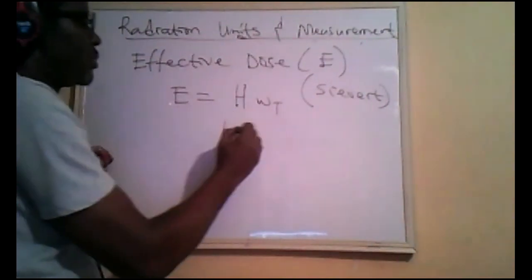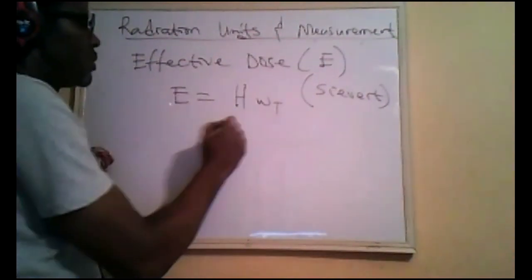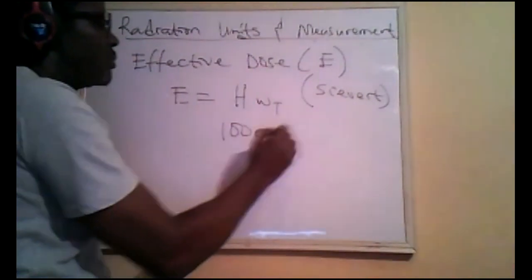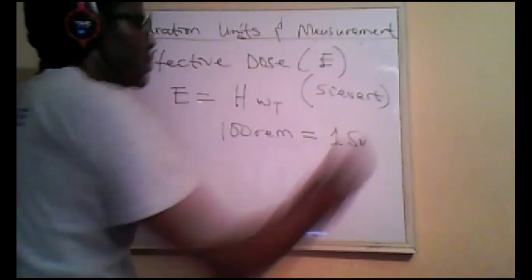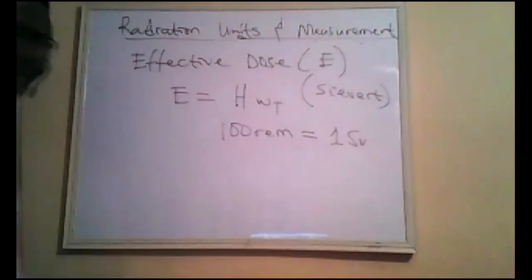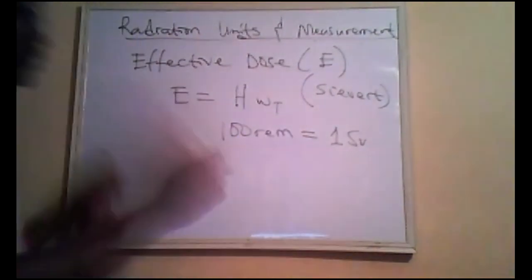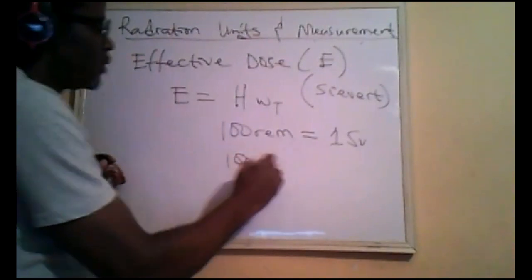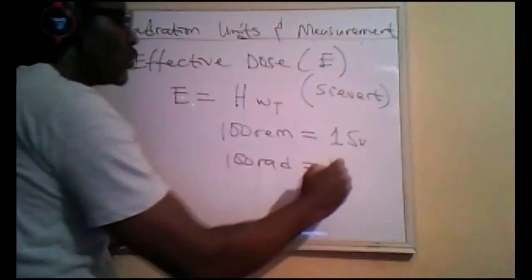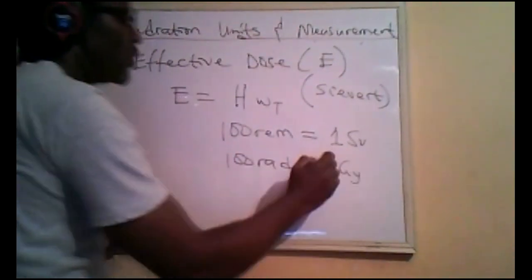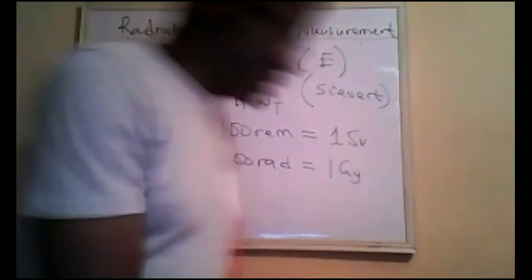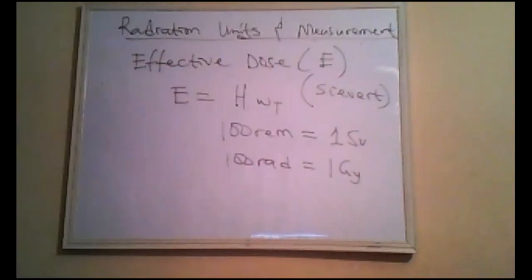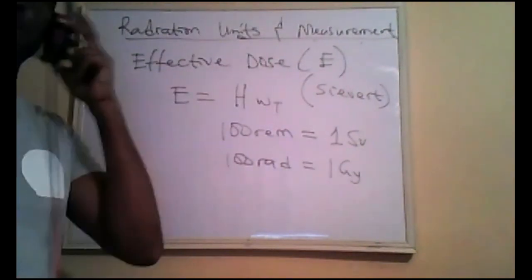REM: 100 REM is equal to 1 sievert, both for effective dose and equivalent dose. Whereas for absorbed dose, we have 100 RAD equal to 1 gray.